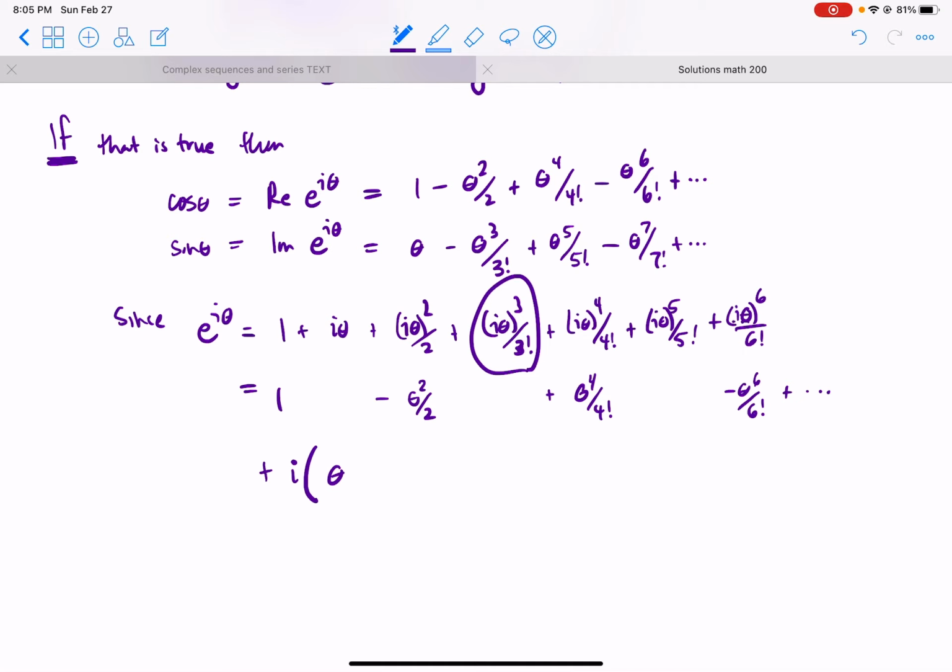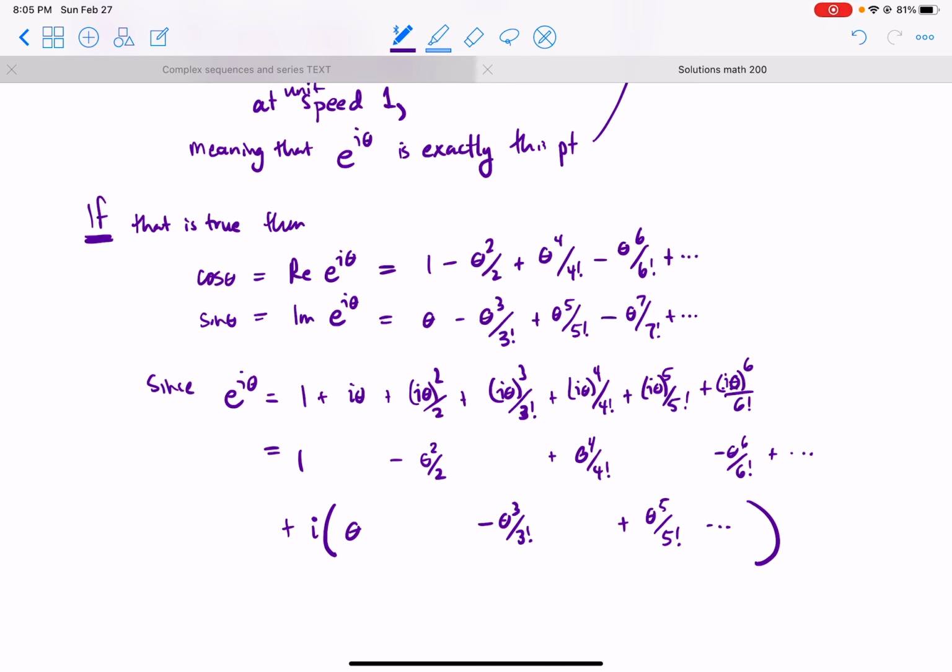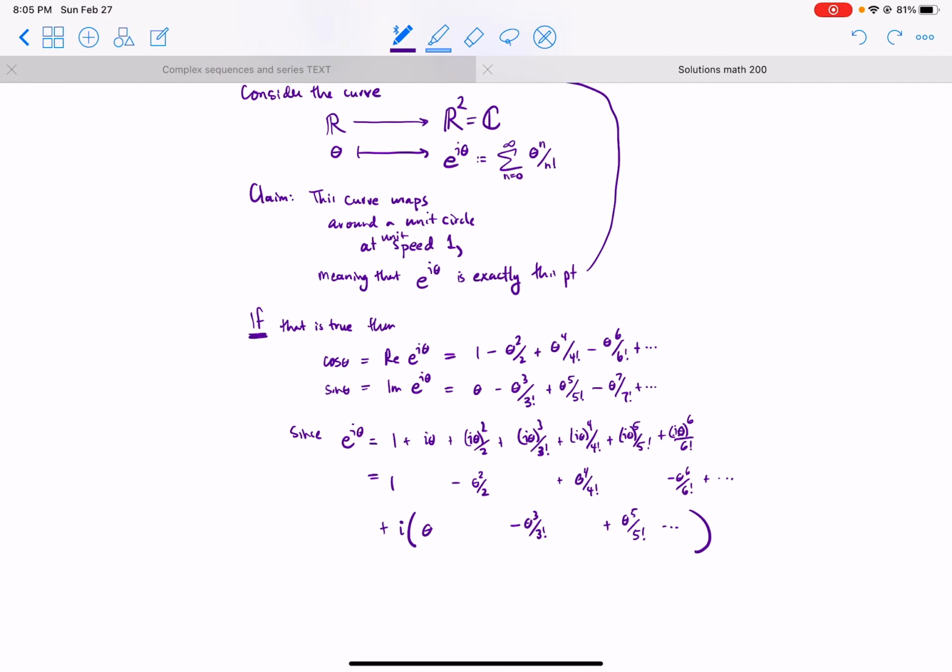And then here will be an i, but it'll be a minus i, so there'll be a minus theta to the 3rd over 3 factorial. Here will be an i, but it'll be a plus i, and etc., etc. So you see that exactly the real and imaginary parts will give these formulas. And that's how we can compute.